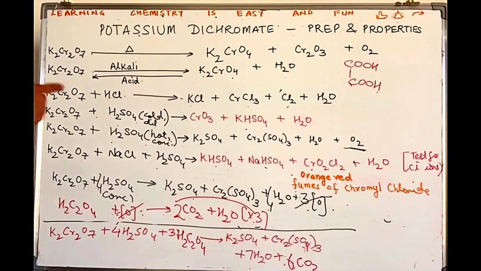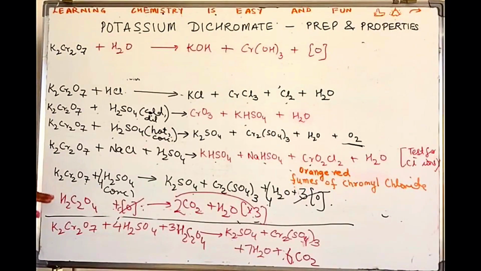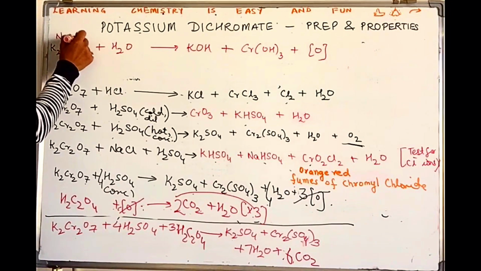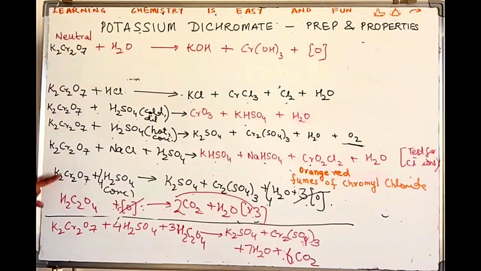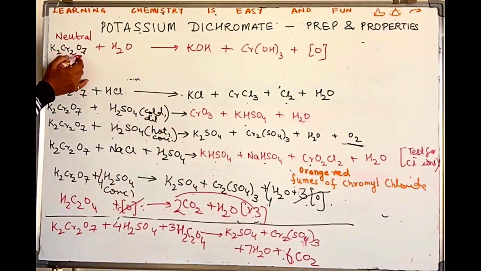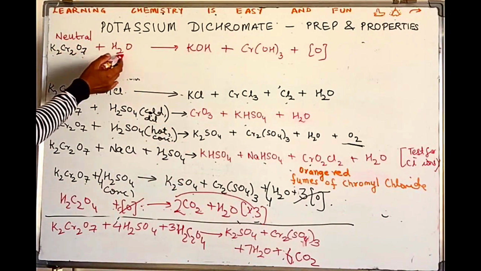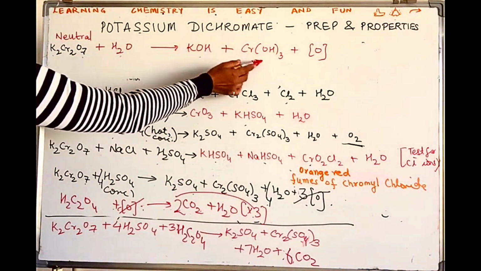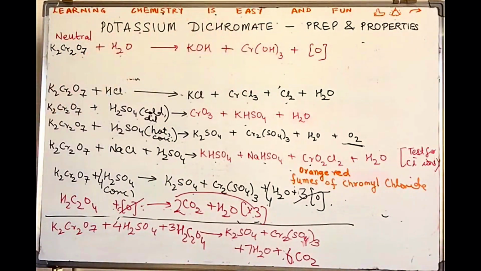It's about writing. So when you have any reaction of oxidation in a neutral medium, our first equation will be K2Cr2O7 plus water gives you KOH plus Cr(OH)3 plus nascent oxygen. Yes, interesting bit again. I have not balanced this equation.